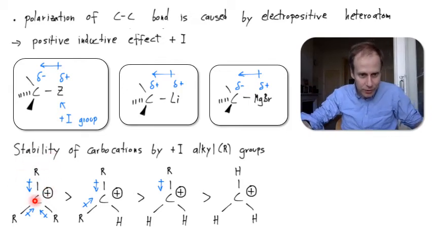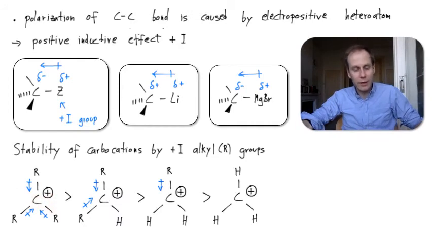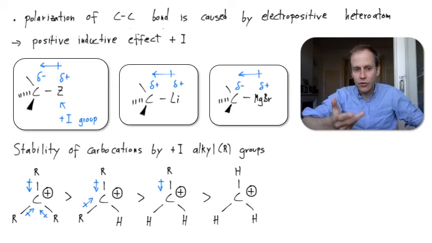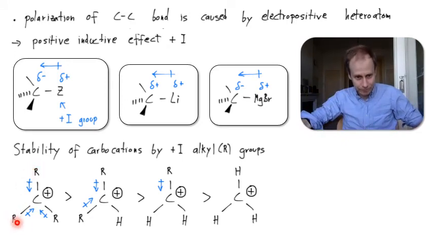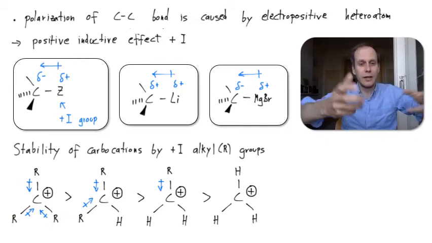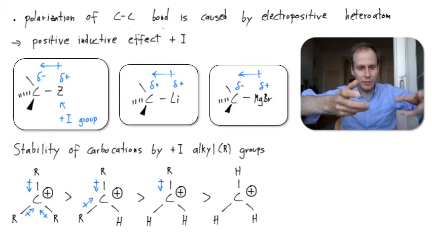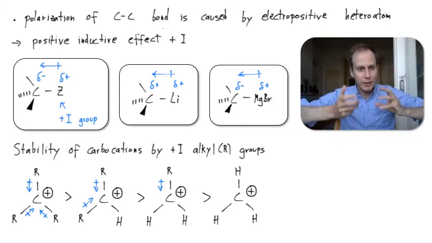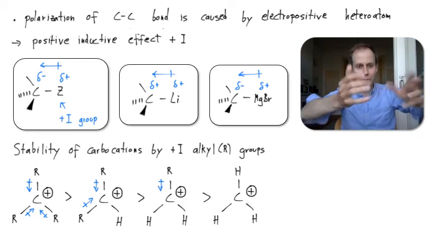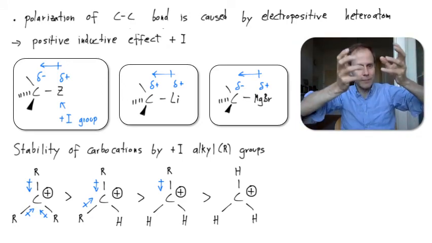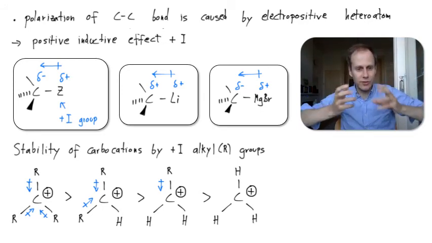When a carbon is positively charged, then it is more electron hungry than an uncharged carbon. So the uncharged carbon from these alkyl groups here, they are less electronegative than the carbon itself, which is positively charged, and therefore the positively charged carbon draws the electron density from these alkyl groups towards itself.